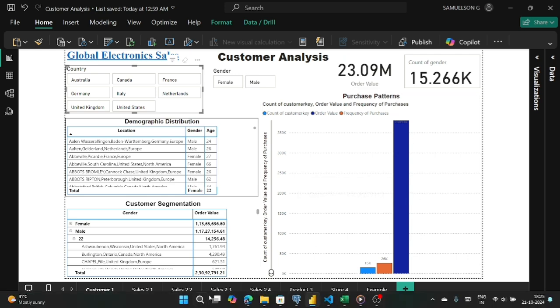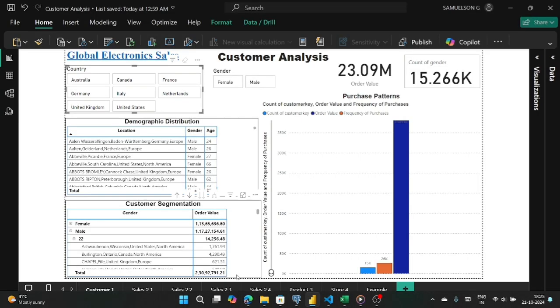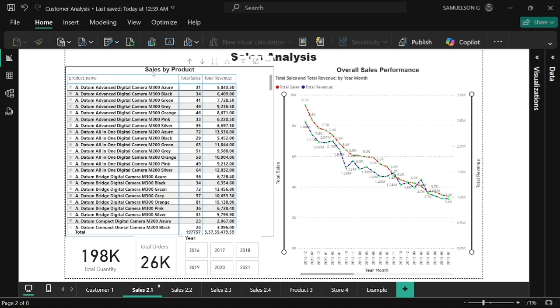Next, sales analysis. Overall sales performance. Analyze total sales over time, identifying trends and seasonality. Let's see. In sales by product, we are seeing sales by product. These are the products they are selling in the electronics store.